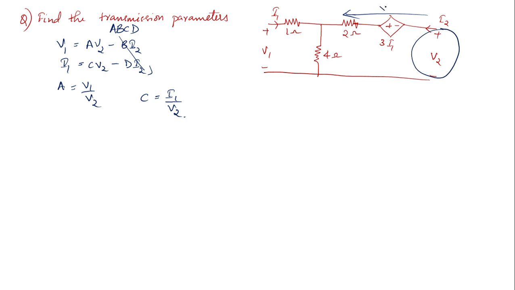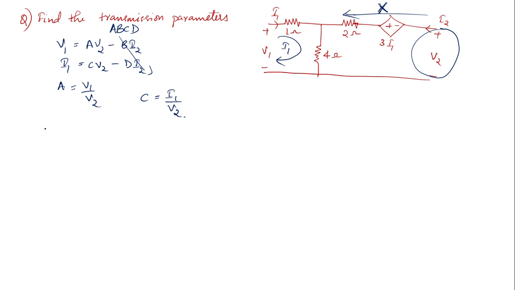So that is why there is no current over here, and I feel it is easier to write the loop equation over here. The current flowing over here is I1. I2 is 0, so there is no current over here. There is only one loop, and you can write the loop equation.